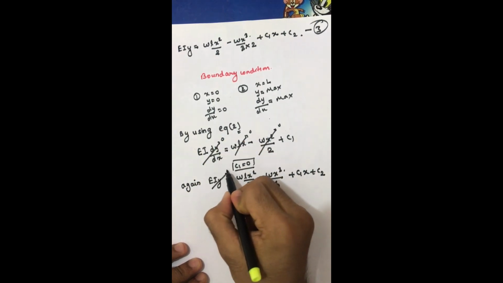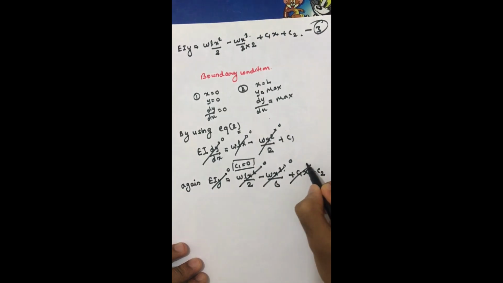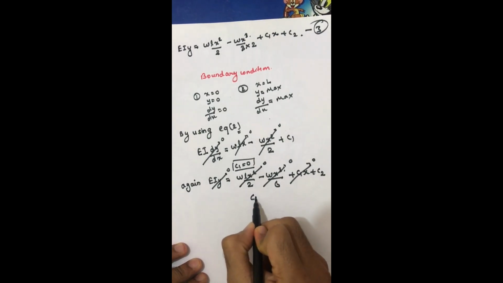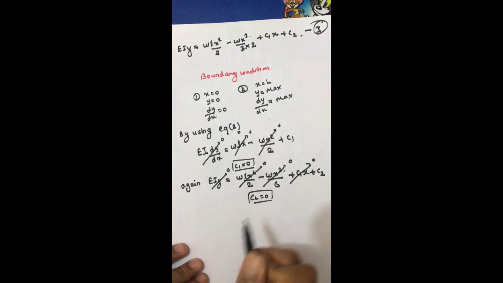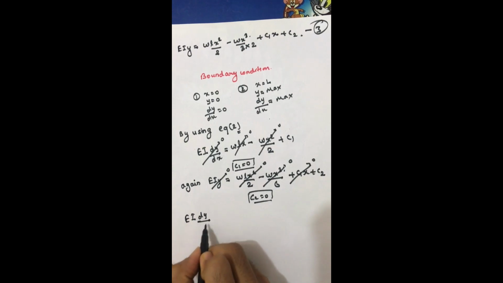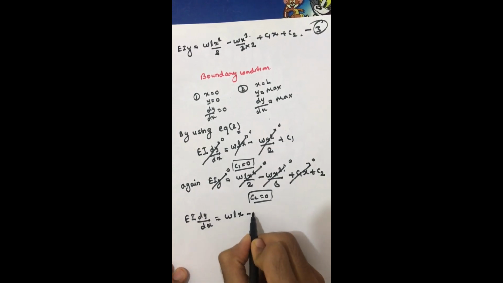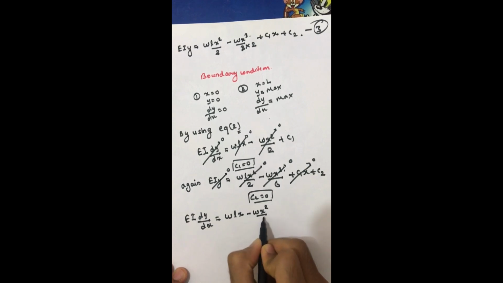Since y is 0 and x is 0, c1 x is 0, and c2 also we are getting 0. So equation 2 becomes EI dy/dx equals w L x minus w x square divided by 2, and c1 is 0, so no need to write it.